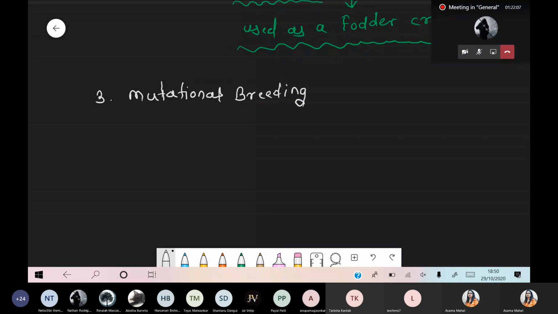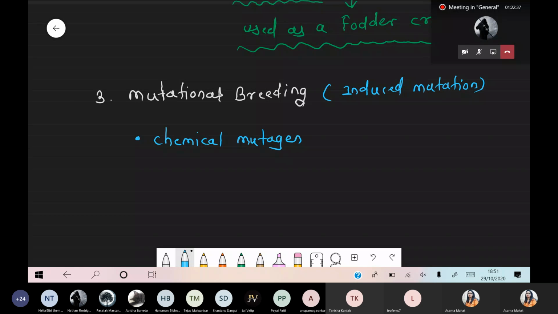I hope in evolution you already discussed the mutation types, spontaneous and artificial, natural. So I'm here talking about only one point, that is induced mutation. Purposefully we have to create a mutation. Now whenever we are talking about induced mutation, first method, use of chemical mutagen. Chemical mutagen used.